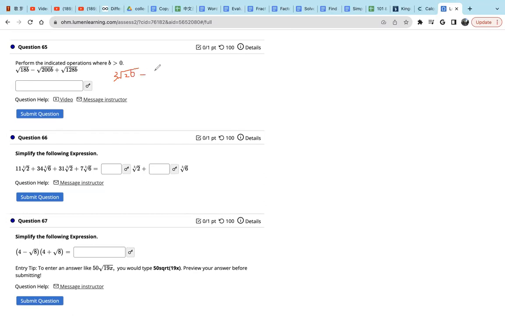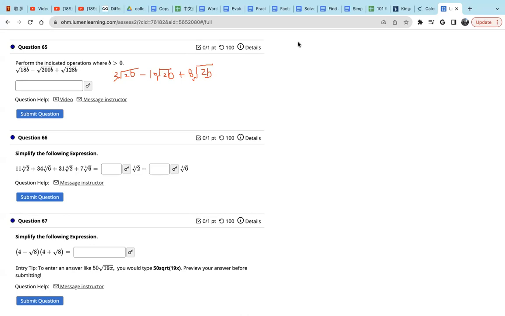Minus, 200 is 100 times 2, the square root of 100 is 10, so that becomes 10 square root of 2b. Then 128 divided by 2 is 64, and 64 is a square, so that becomes 8 square root of 2b.